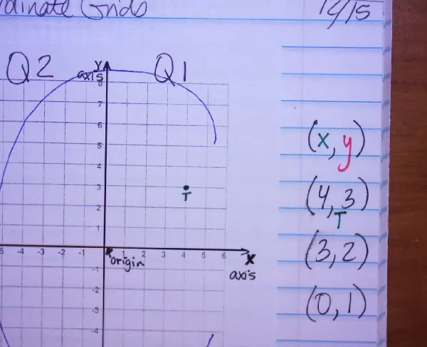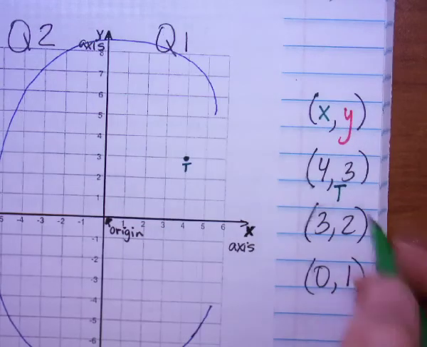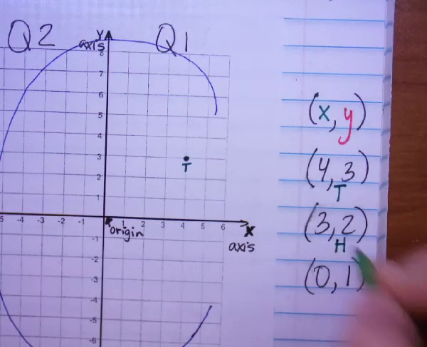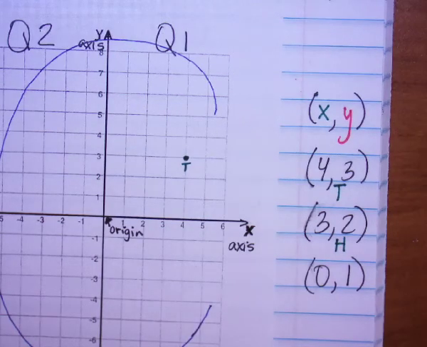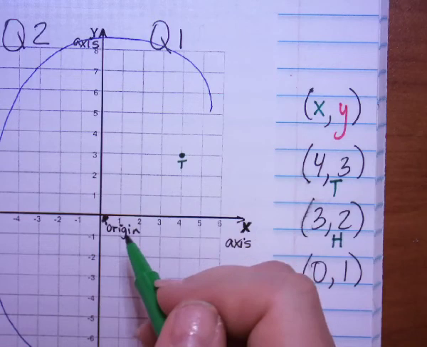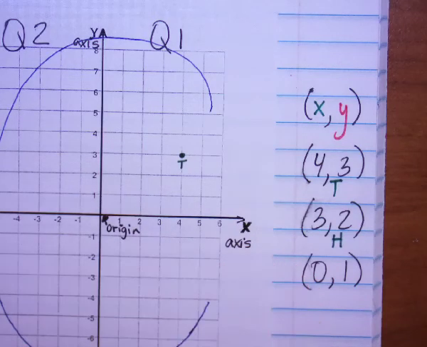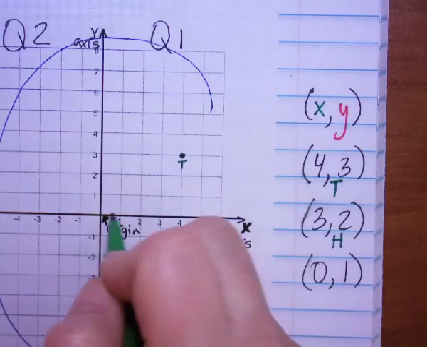Okay? Let's do the next one. 3, 2. Let's call him H. So what do you think we're going to do with 3, 2? Remember, if we're like an airplane, we have to run, and then we have to rise. All right, Franklin, what do you think? Go over 3, then go up 2.